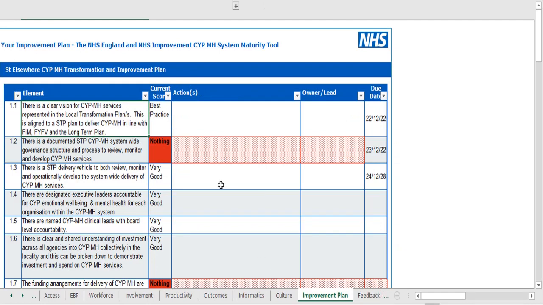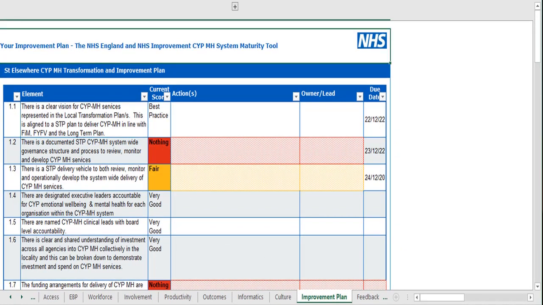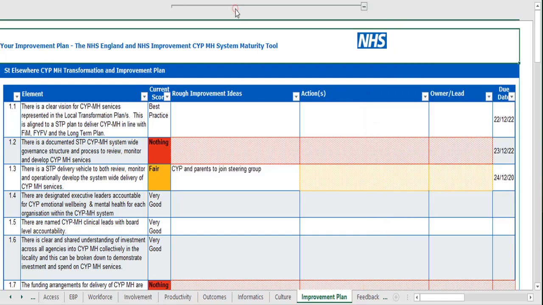But what I want to think about next is the improvement scoring. So we know how to score an element and we've been through that. There's the element we were looking at, 1.3, and we'd scored that as fair. When we were thinking about that, we came up with some initial improvement ideas, and if you click on the plus at the top there, they come through. So those rough ideas are pulled through to help you with your action planning.